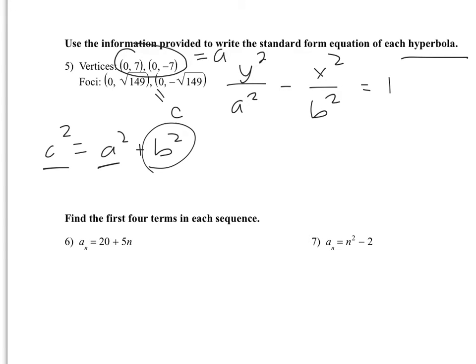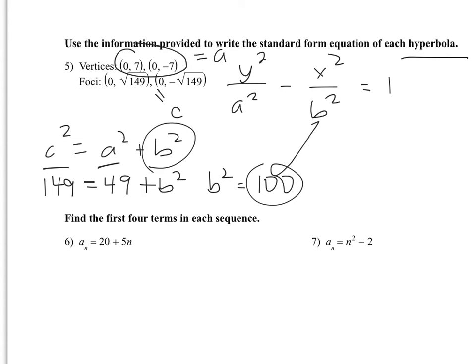So if c is plus or minus square root of 149, that means c squared is 149. If a is plus or minus 7, then a squared is 49. So this means b squared equals 100.